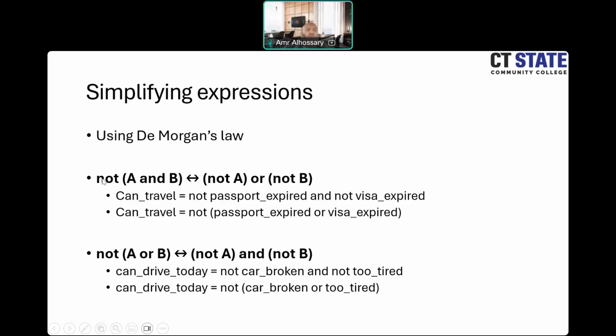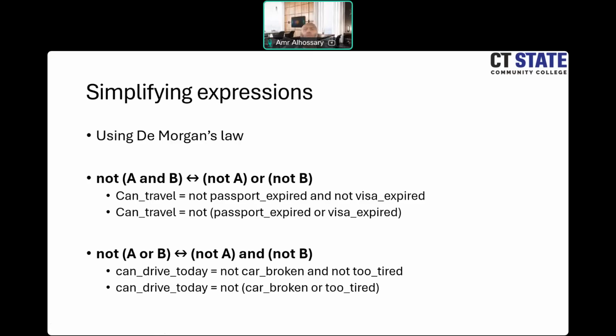I can travel if the passport is not expired and the visa is not expired. So not A and not B. This can be simplified into not (A or B). I can say not (passport expired or visa expired).